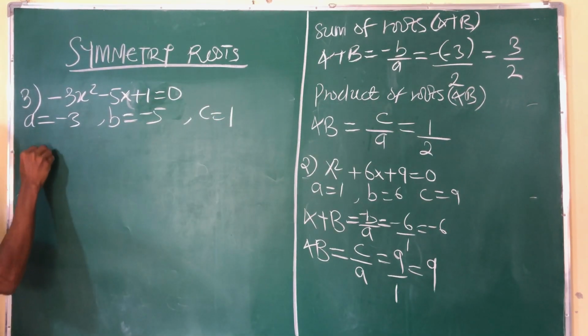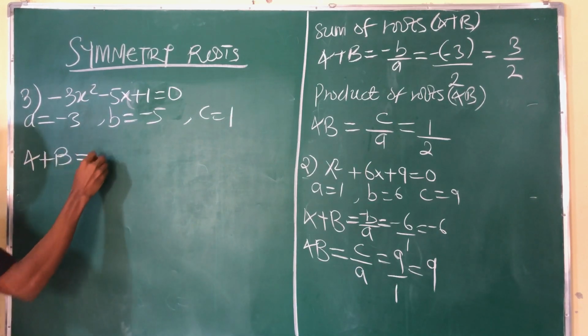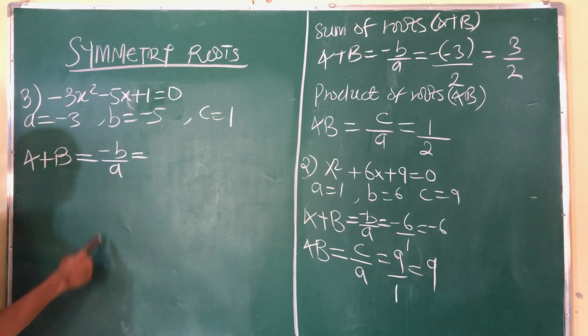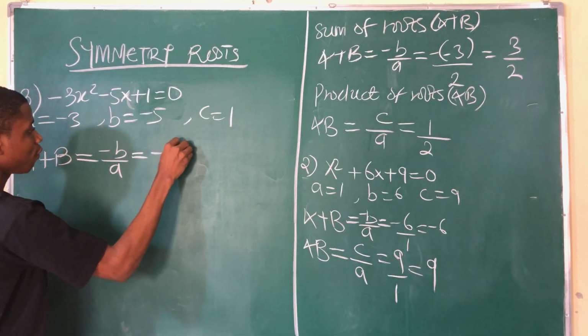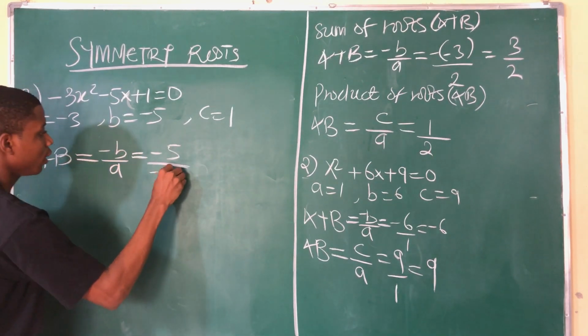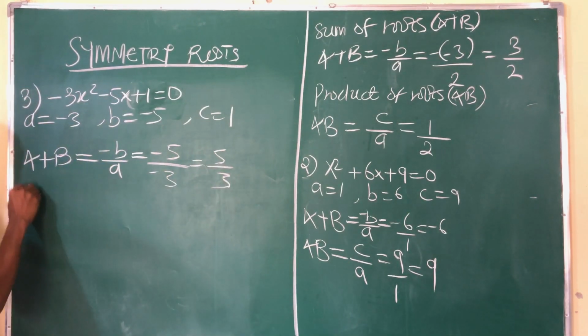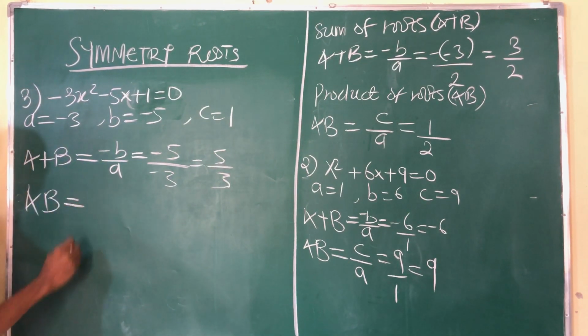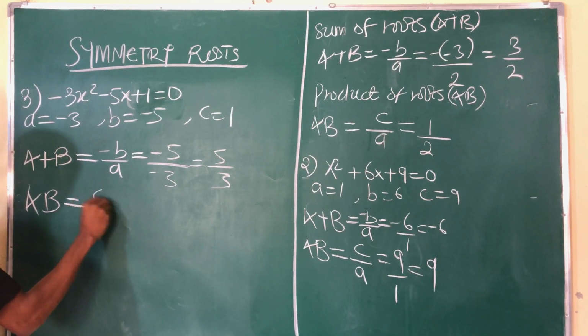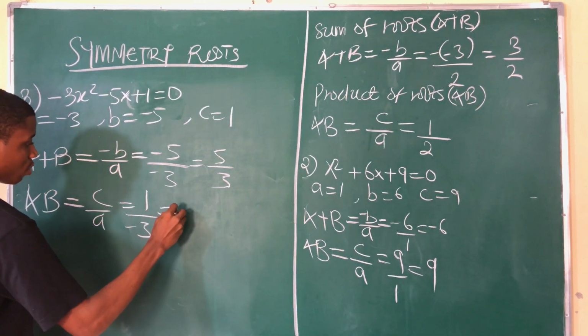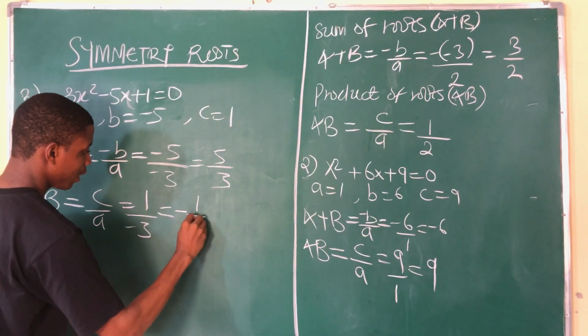Let's look for the sum of the roots, which is negative b over a. This is negative negative 5 over negative 3, which is negative 5 over 3. Then the product of the roots, which is alpha beta, is c over a, which is 1 over negative 3, equal to negative 1 over 3.